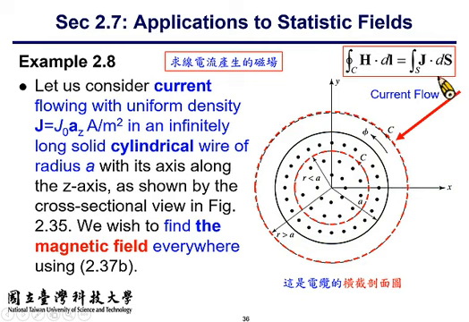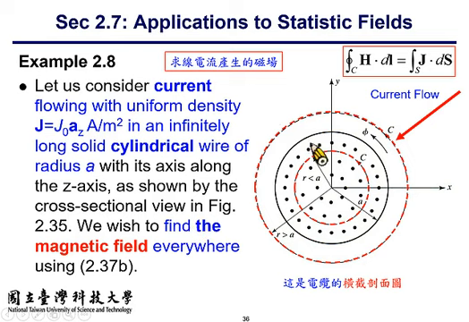So you can simply relate the magnetic field with the currents, that is, the currents enclosed by the contour. That is where the magnetic flux density needs to be evaluated.